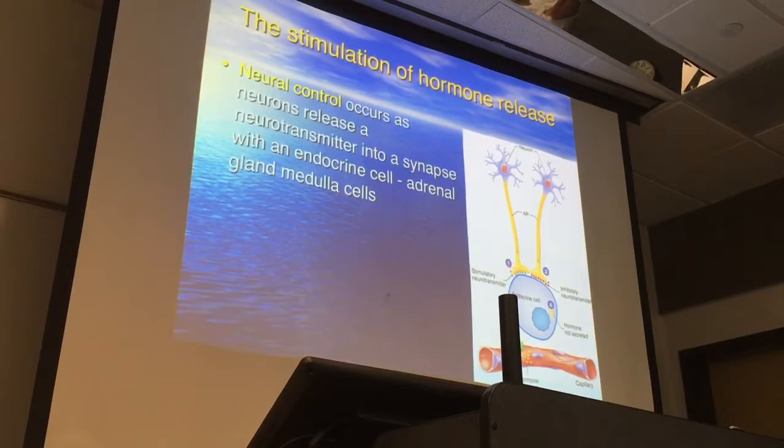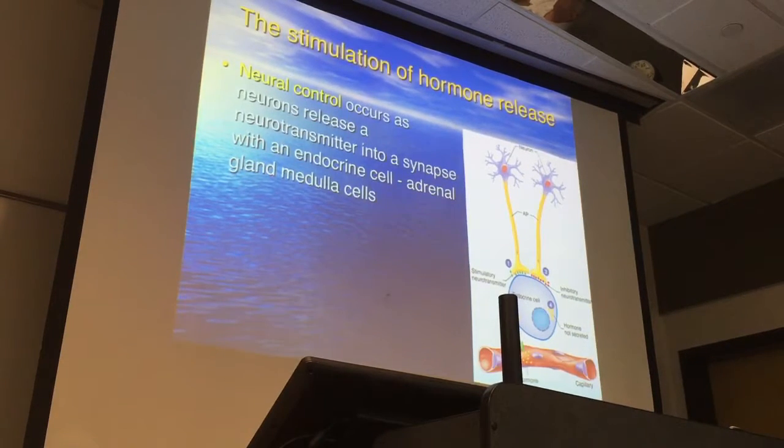When it releases the neurotransmitter, would cause them to release it. Now, they're showing this one over here as inhibiting it, and this one is stimulating it. We don't have that in the adrenal medulla. We only have the stimulatory one. No stimulation, no hormone release.